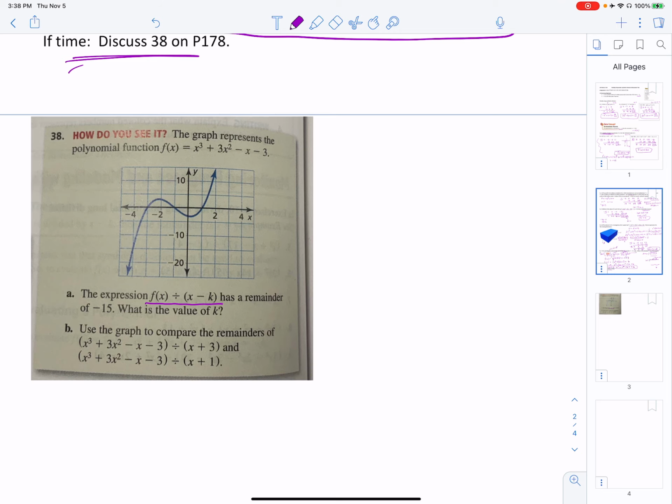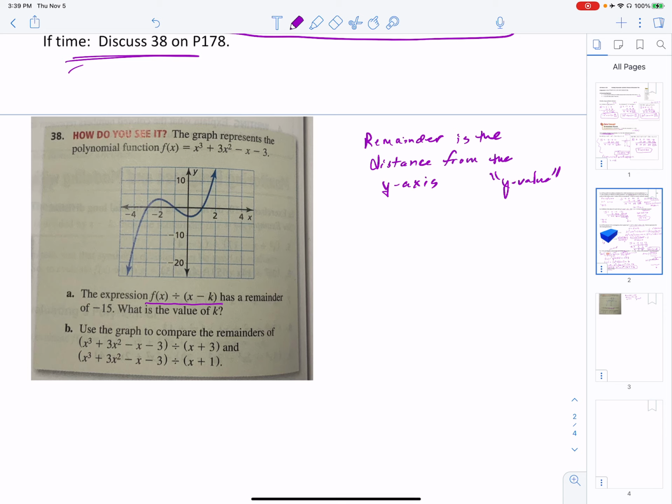The remainder is the distance from the x-axis when we talk about graphing, which technically just means it's the y value.